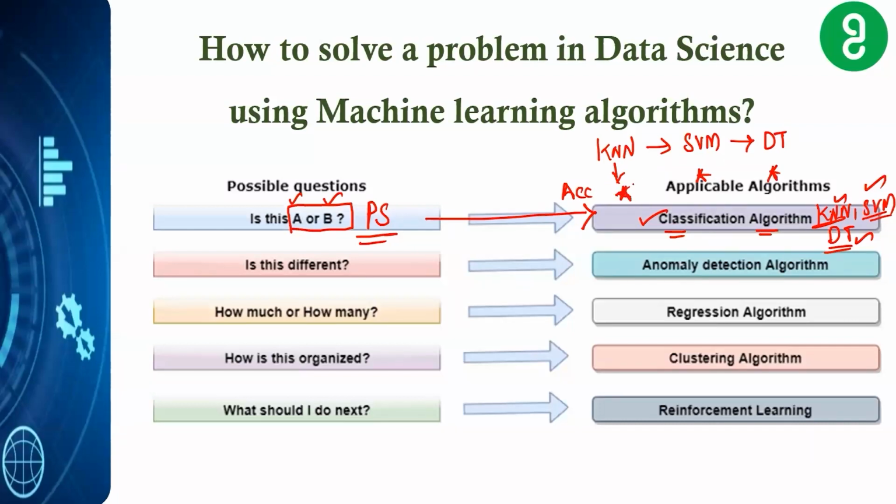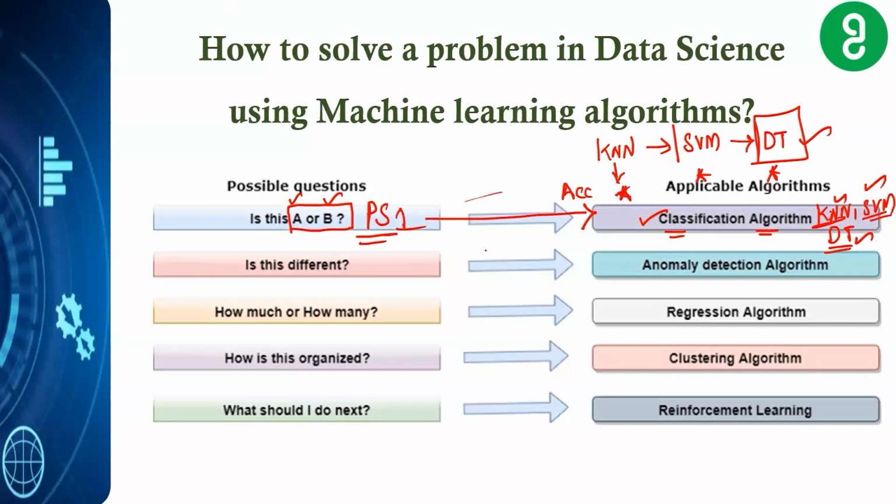Based on the highest accuracy value, I can pick and interpret. For example, if decision tree provides the highest accuracy, then I can state that I would prefer decision tree for this kind of problem statement.